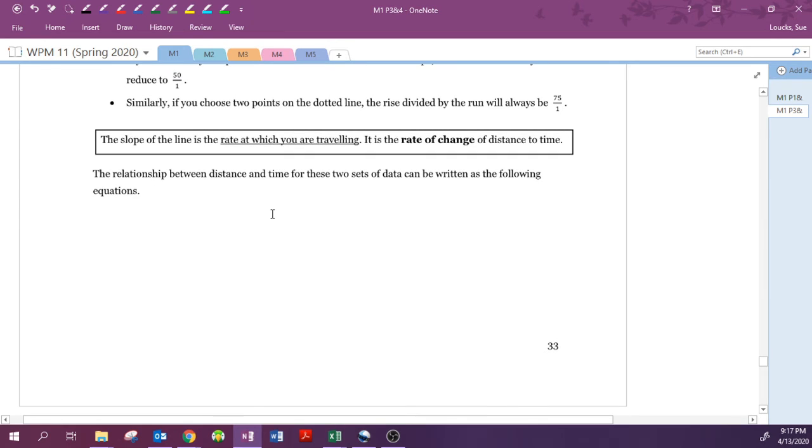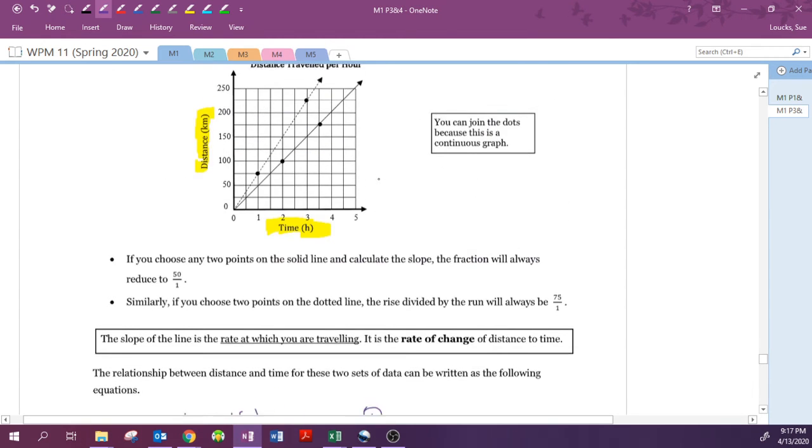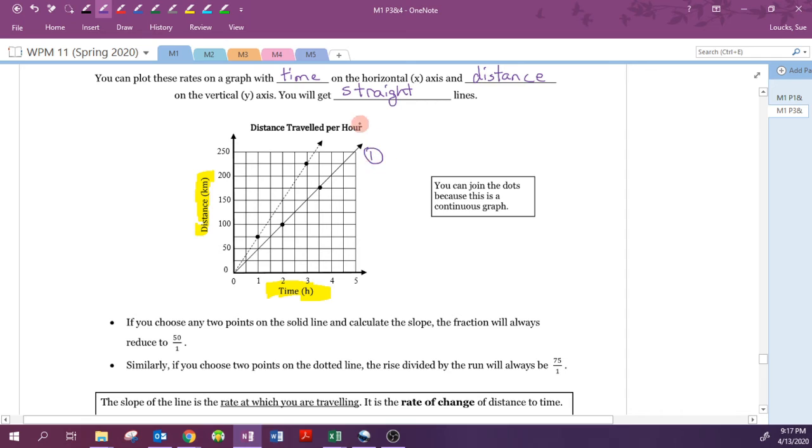So the two equations, if we say that d equals distance and t equals time, then for equation 1, which I should probably label up on here, this is equation 1, the first one with the 50 kilometers an hour, and equation 2 is 75 kilometers an hour.